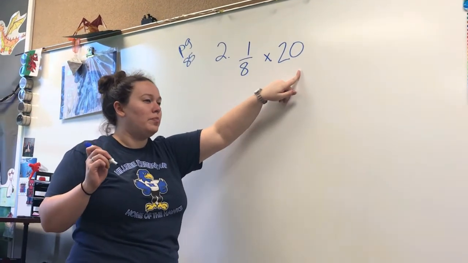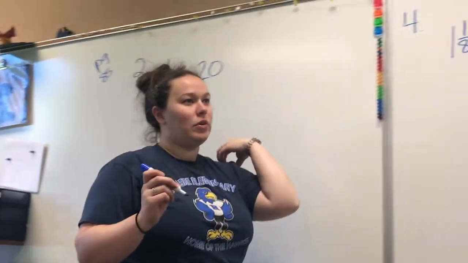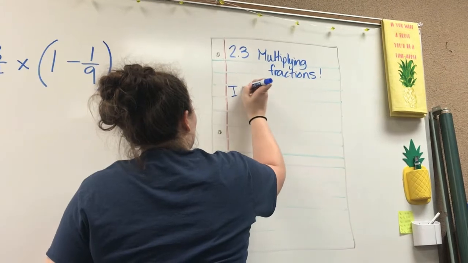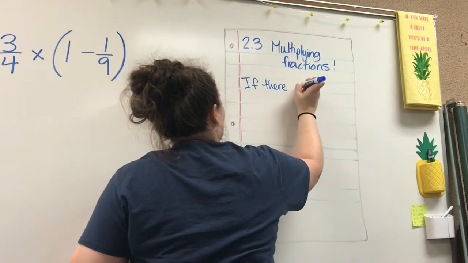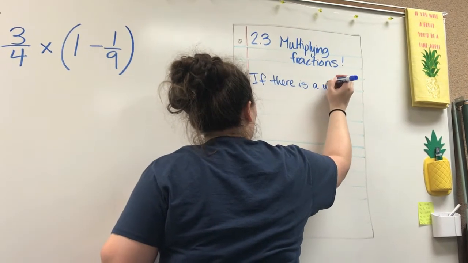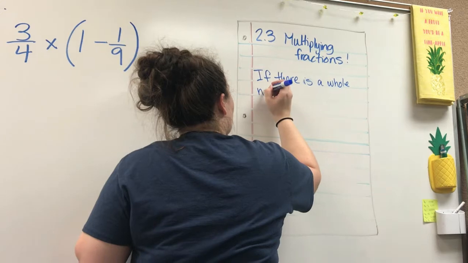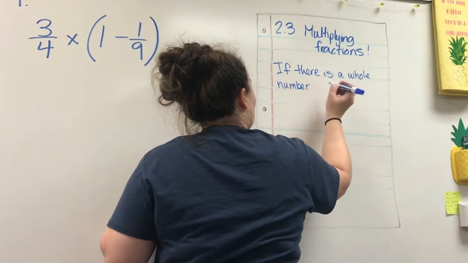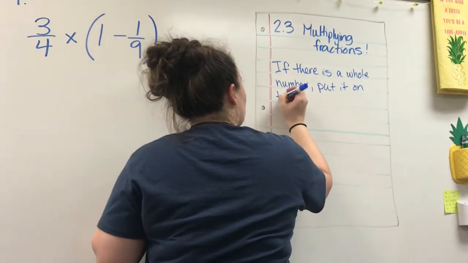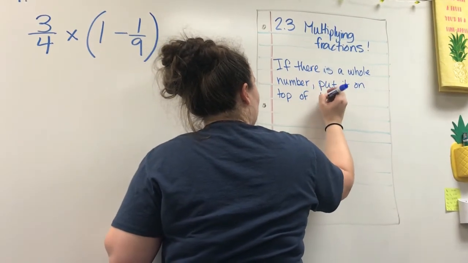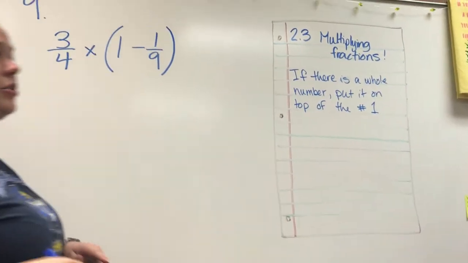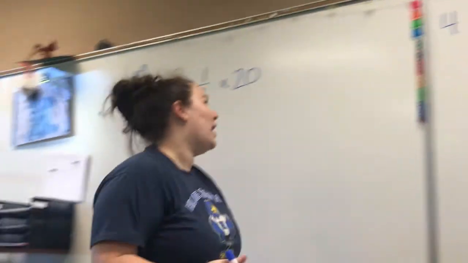On your notes, I would put something like, if there is a whole number, put it on top of the number 1. That's how you turn a whole number into a fraction.